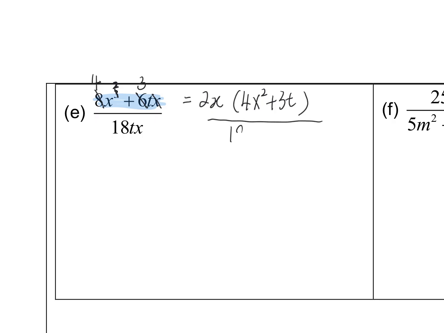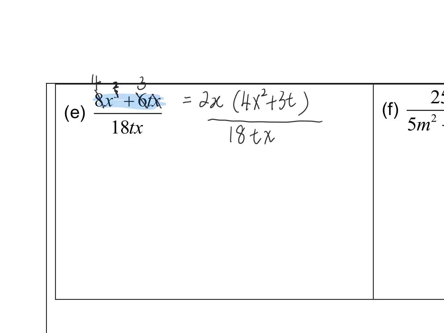Okay, at the bottom, I have 18tx. Then I realize, oh, this time round I don't have a common group that I can cancel. But I can observe whether there's something in common between these two. Because now I have made sure my plus is inside a group already, I can ignore it now. I can just deal with these two.